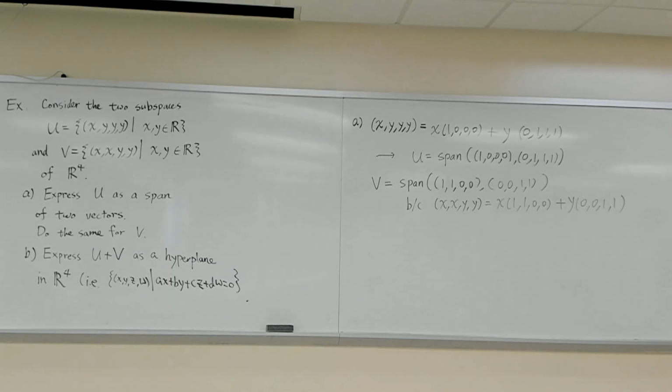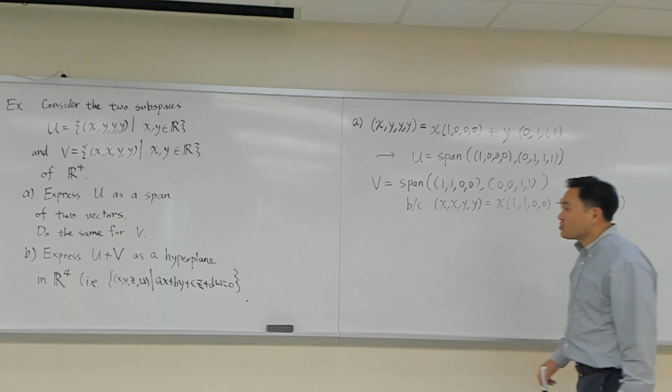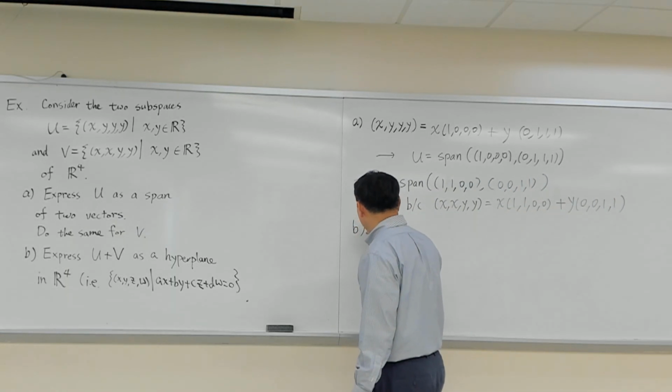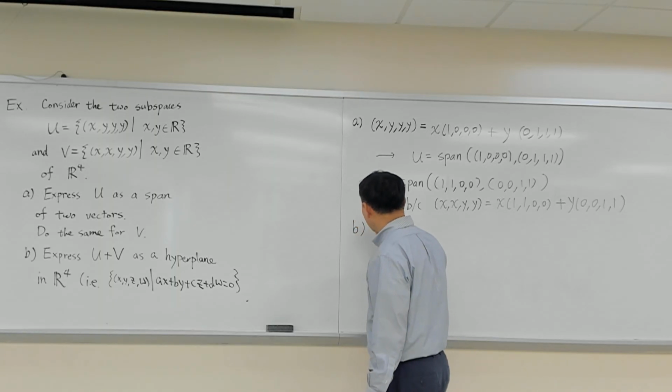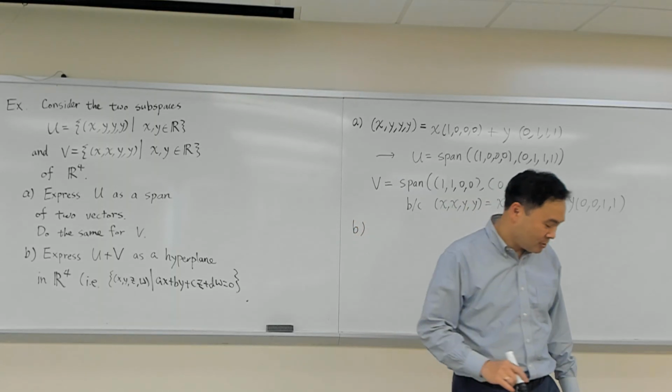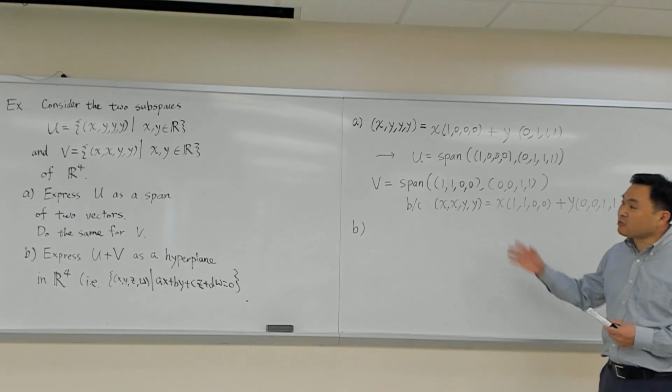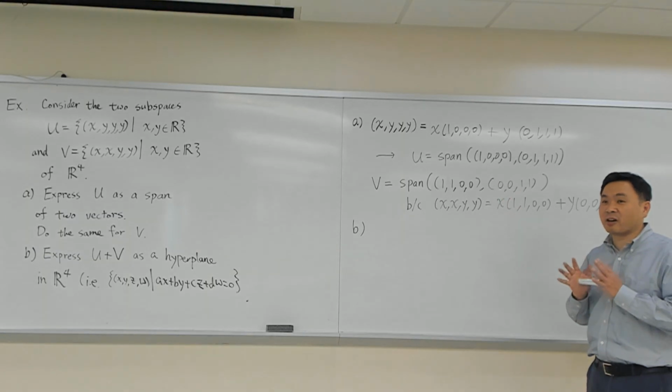Okay, so these questions, if you see the answer, it's really simple. But if you don't know, then it's hard to think. But at the same time, having some understanding of the geometry is really helpful.